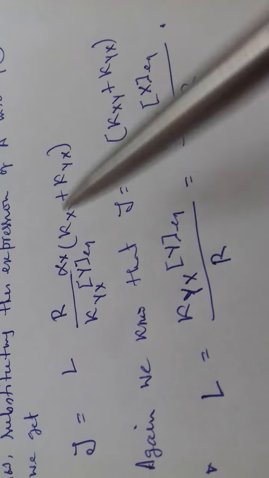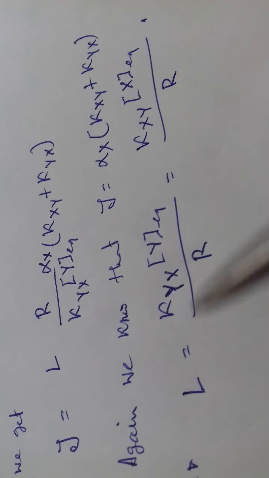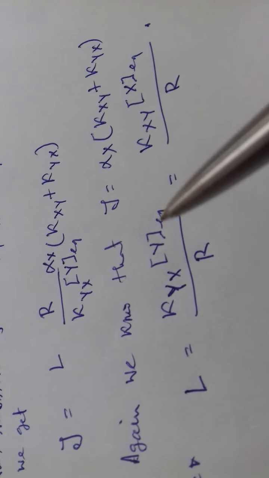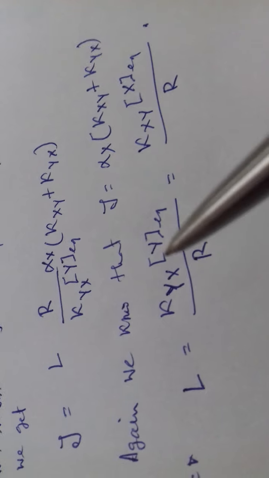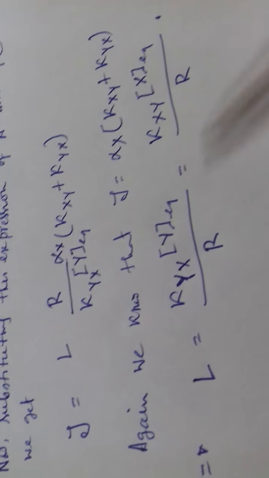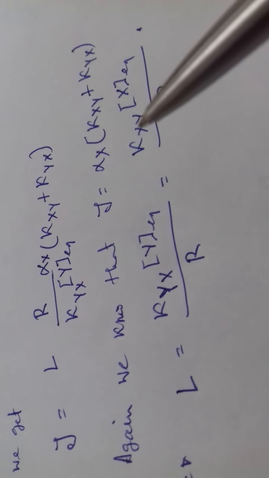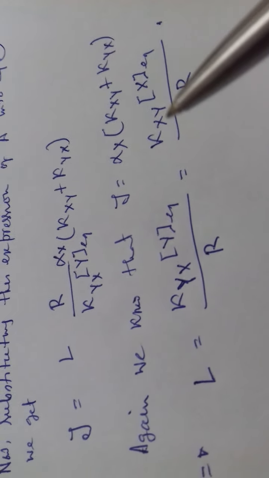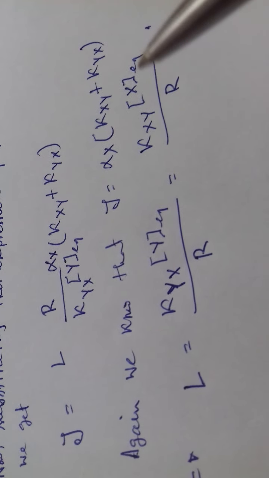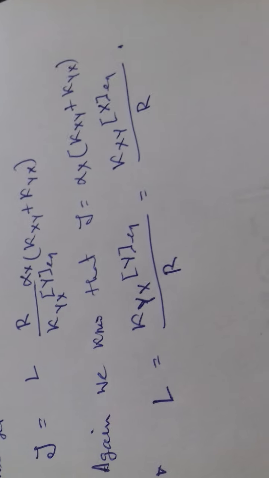So J is this, which means L must be the reverse of this. So L must be kyx into yeq by R, or kyx into yeq is nothing but kxy into xeq by R. So L becomes kyx yeq by R, or equal to kxy xeq by R, where L is the phenomenological constant for only one force.